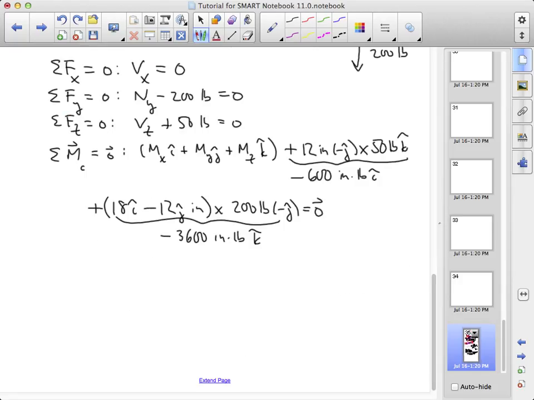So our result is Vx is equal to 0 pounds. Ny is 200 pounds. Vz is minus 50 pounds. And if we collect the terms in I, J, and K together here in our moment equation, we see that in I we have Mx minus 600 inch-pounds is 0, or Mx is 600 inch-pounds.